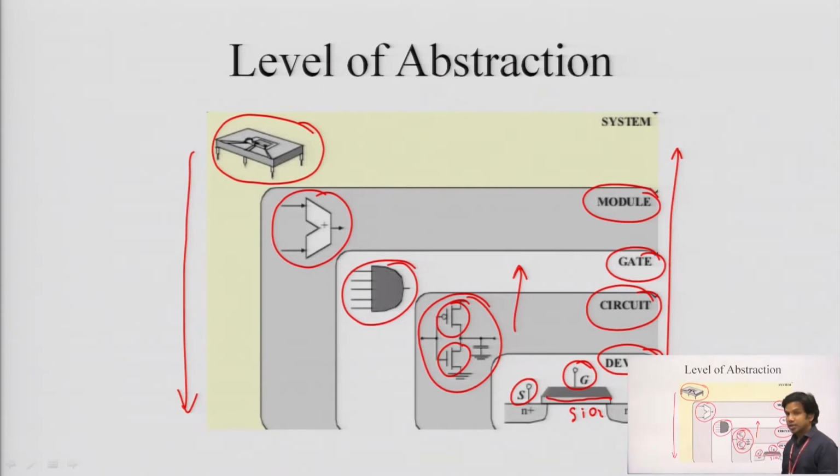Once the gate level design is completed, you can merge it and make the different modules. Then once all the modules have been designed, you can combine all of them within one IC, clear. So, this is how we have the levels of abstraction.